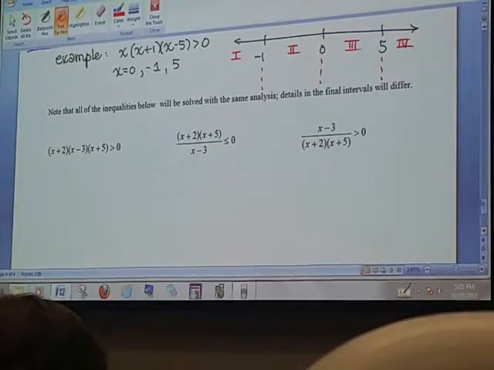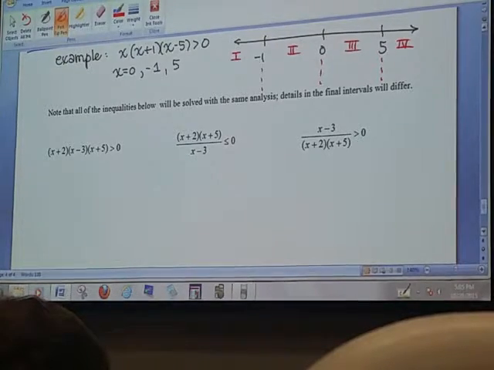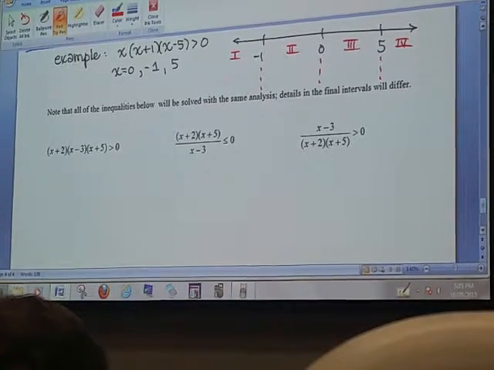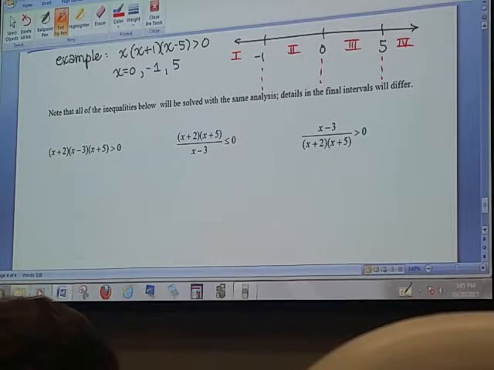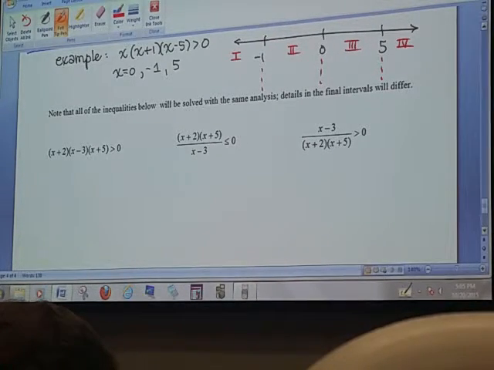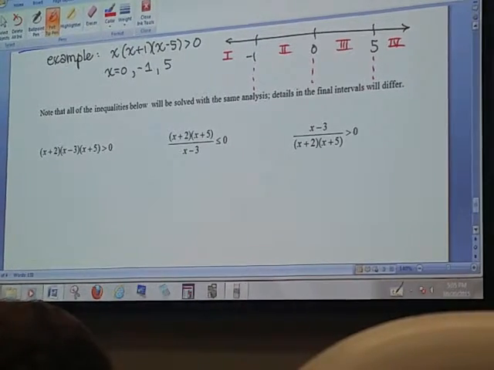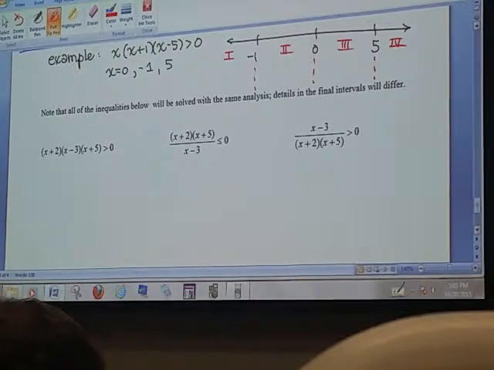So these three inequalities, which would give you totally different graphs and look totally different, have absolutely identical analysis. They all have the same critical values. You would find out where they're positive and negative.